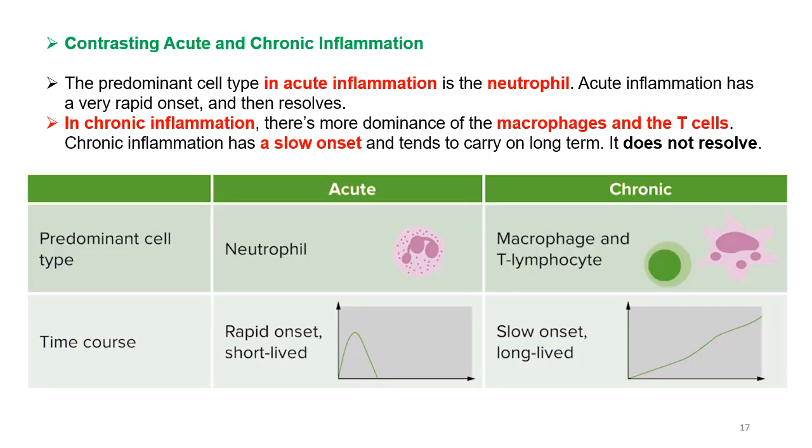Okay. So we are talking about acute inflammation. Characteristics of this is that it starts really, really fast, but then it resolves really, really fast. The main cell that governs this inflammation type is your neutrophil.